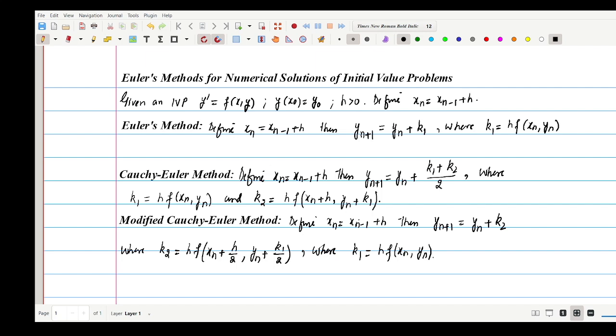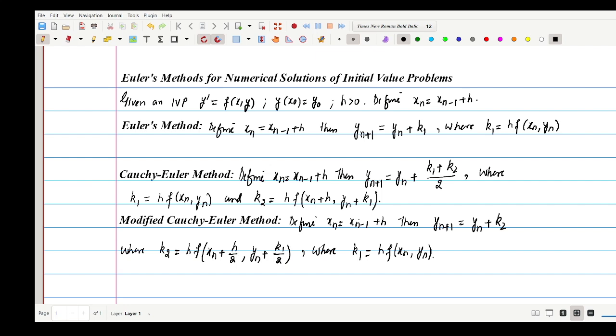So we can see these are the three Euler's methods, and in all three methods we define k1 as h f(xn, yn). Euler's method is yn+1 = yn + k1. In the Cauchy-Euler method, we define the nth approximation as yn+1 = yn + (k1 + k2)/2, where k1 is as defined in Euler's method, and k2 is h f(xn + h, yn + k1).